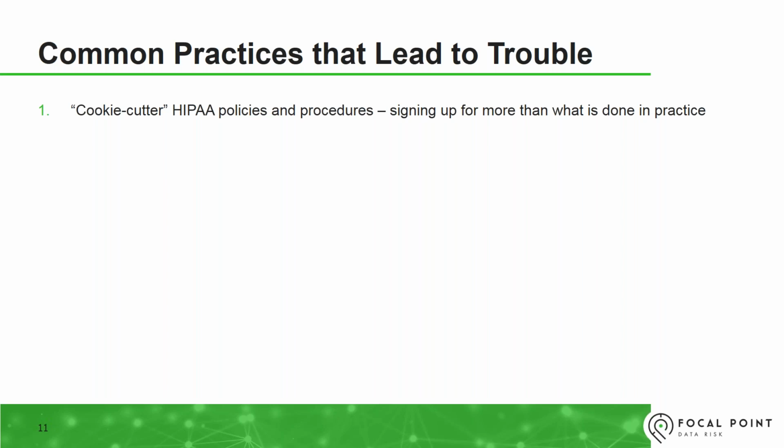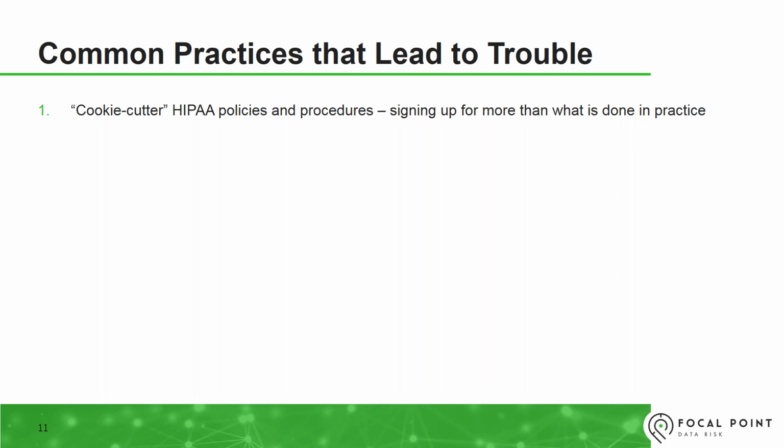And so those policies and procedures really need to be reflective of your specific practices and activities, especially around the IT environment, making sure that you're only signing up for what is really needed for alignment to the specific HIPAA security rule requirement, and giving a clear picture of those activities.